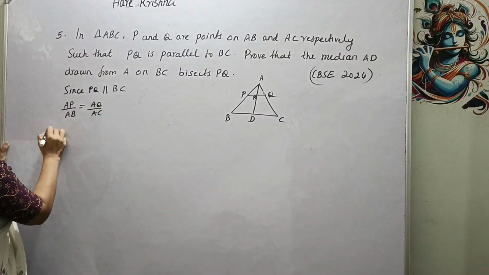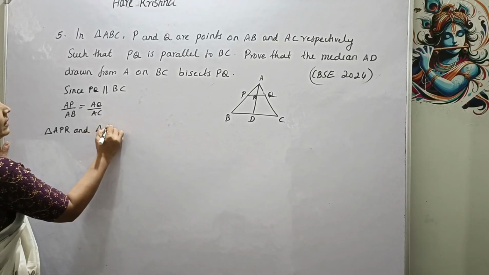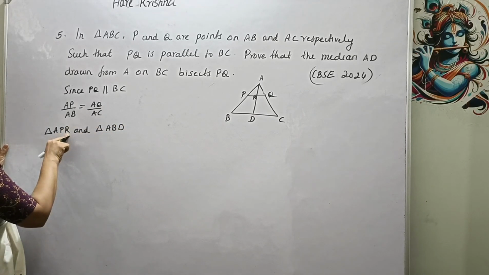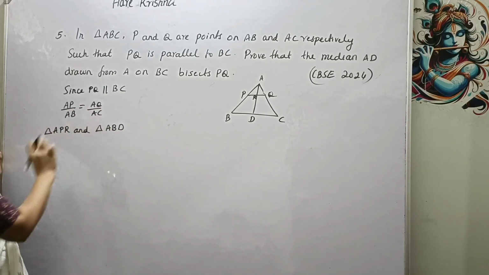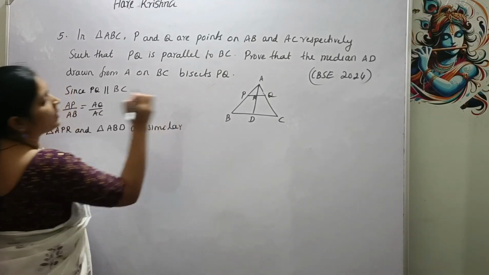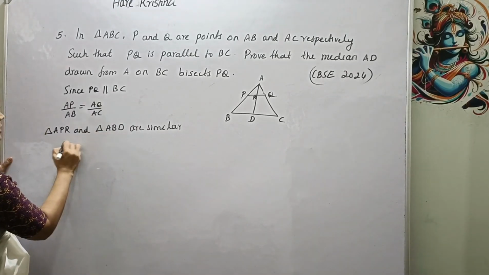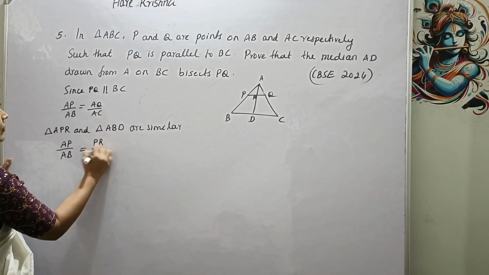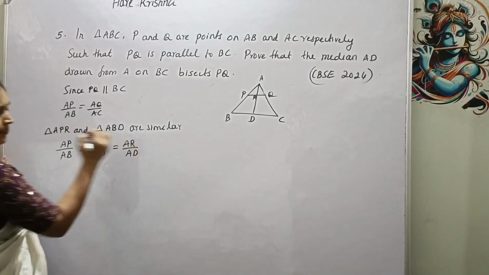Therefore, since these two triangles are similar, we can write AP divided by AB is equal to PR divided by BD is equal to AR divided by AD.